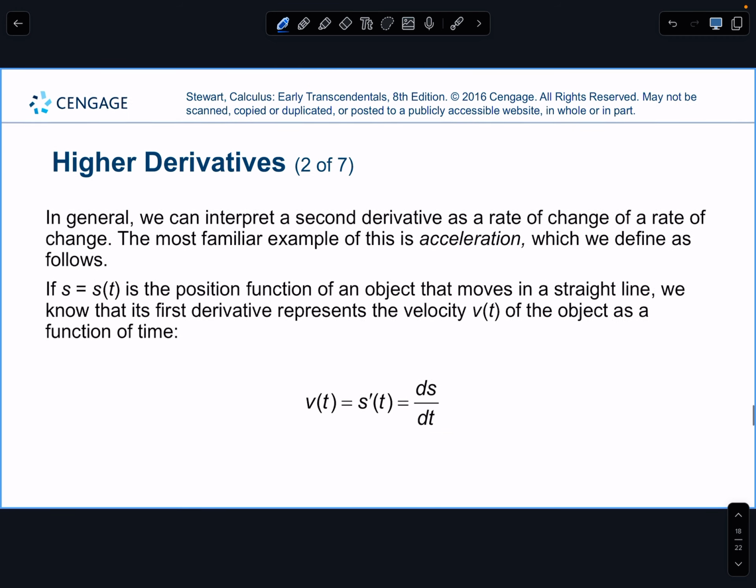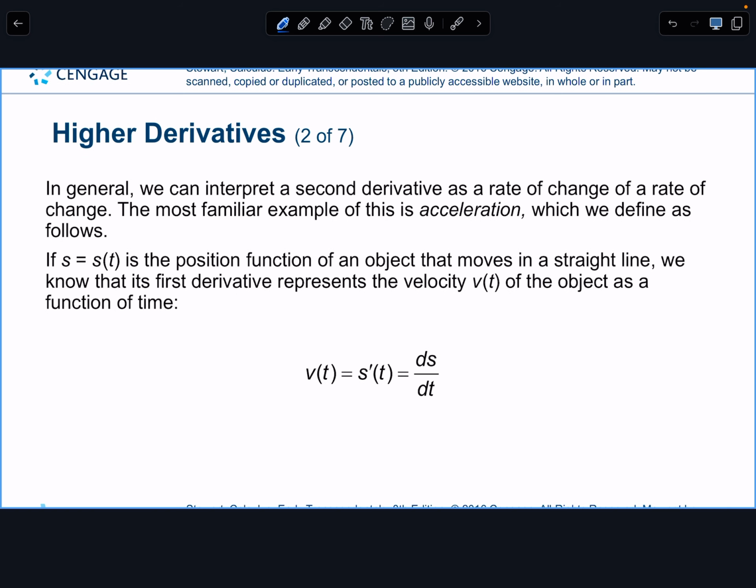And here's an example in real life of a second derivative. We talked about this the other day. S is a position function. The velocity is the derivative of S, the position function, because the velocity is the change in your position over time.